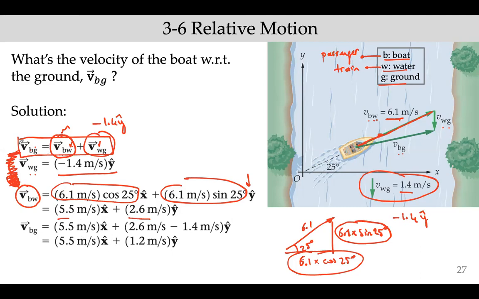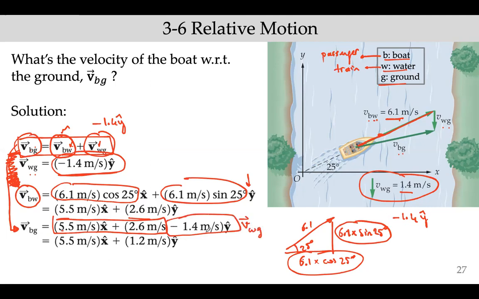Now finally, I can find the velocity of the boat with respect to the ground. I'm going to have this vector here, 5.5, 2.6, the velocity of the boat with respect to the water, and add it to this negative 1.4 y hat, the velocity of the water with respect to the ground.